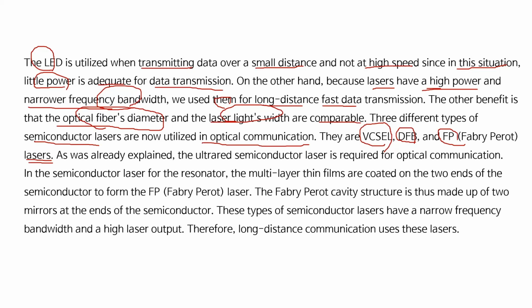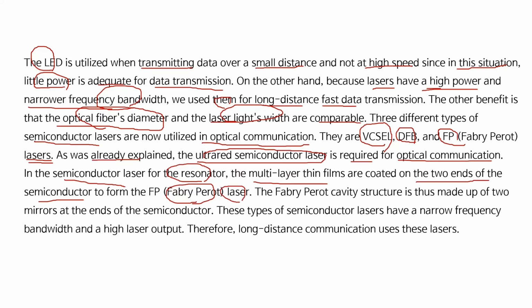As was already explained, an infrared semiconductor laser is required for optical communication. In the semiconductor laser for the resonator, multilayer thin films are coated on the two ends of the semiconductor to form the Fabry-Perot laser.